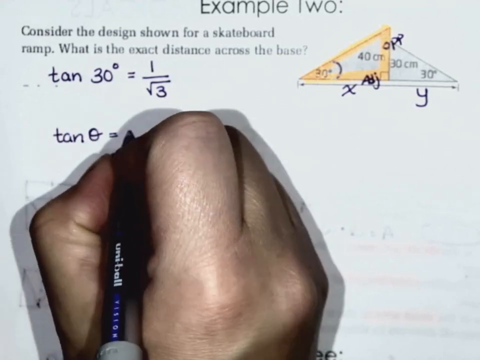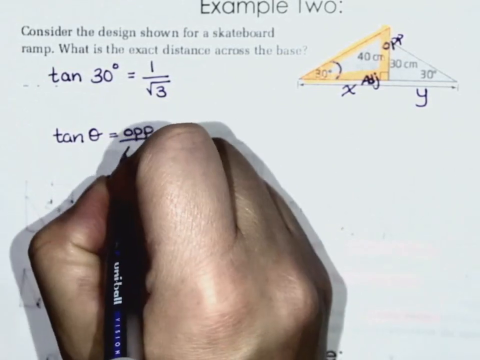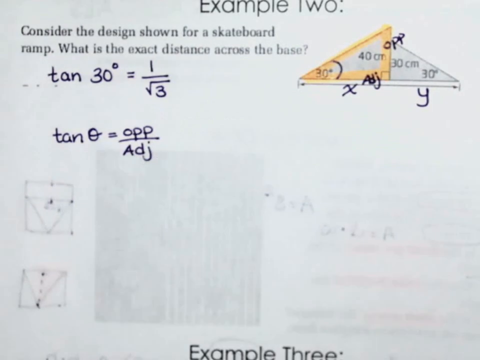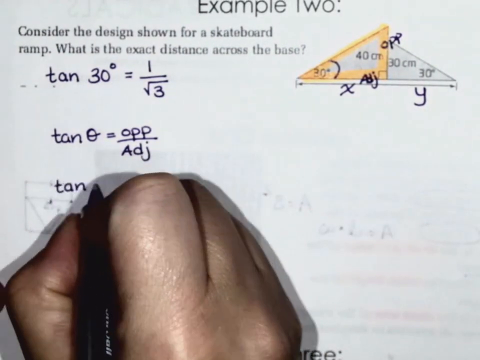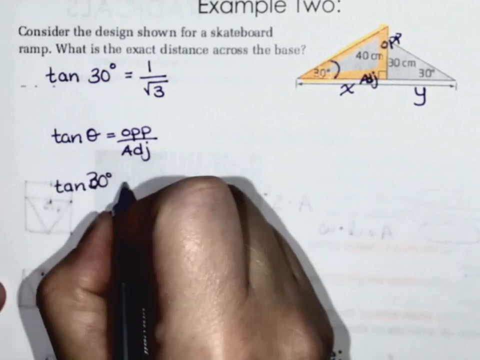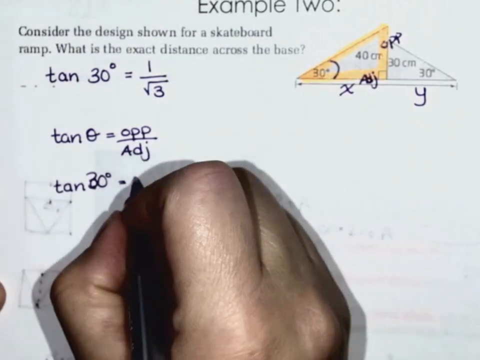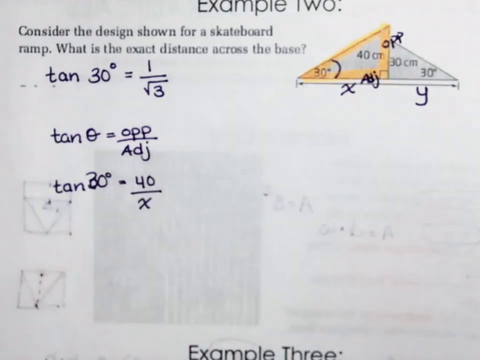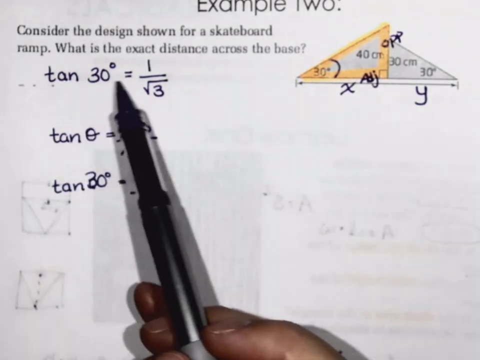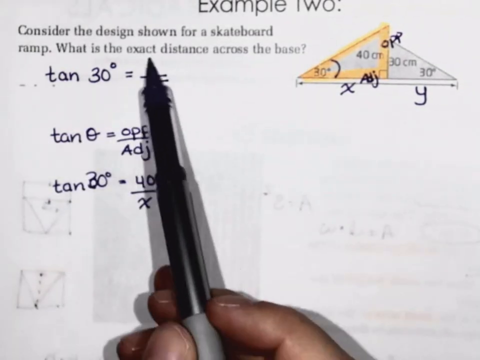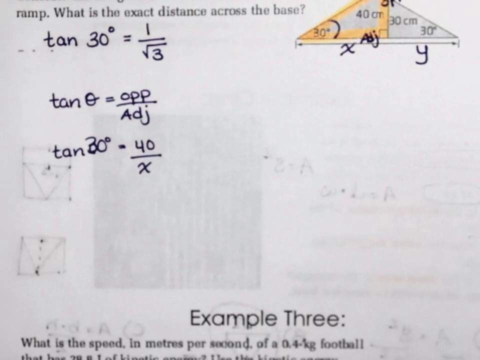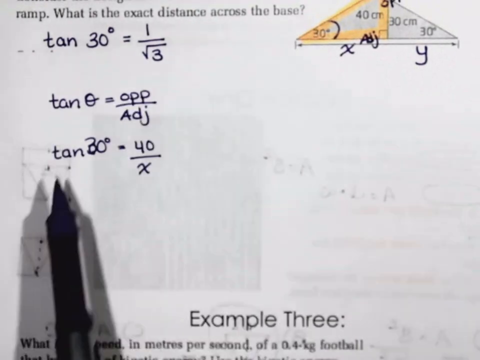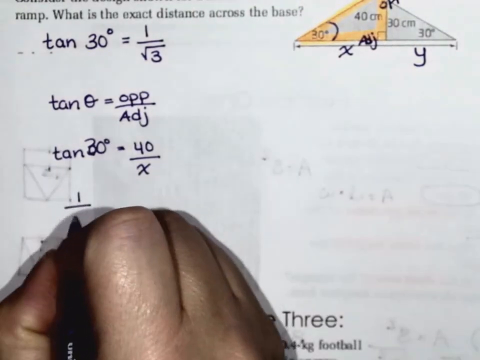Tan of the angle is equal to opposite over adjacent. So we are going to have tan of 30 degrees is equal to the opposite side, which is 40, over the adjacent side, which is x. Now, I told you that tan of 30 is equal to 1 over root 3. You wouldn't have been able to do that question without that little tidbit of knowledge.